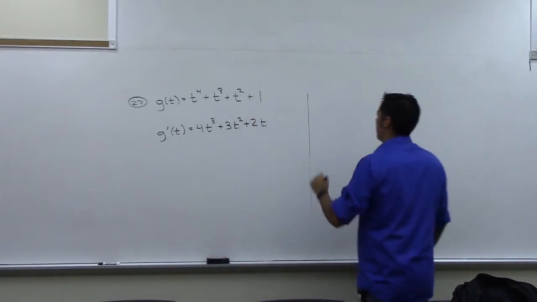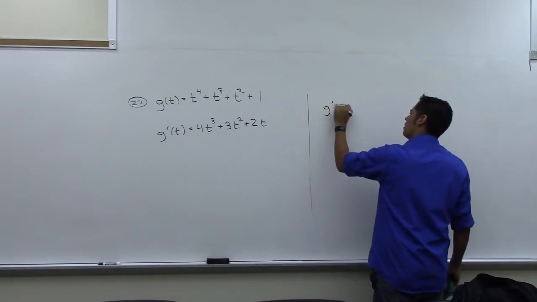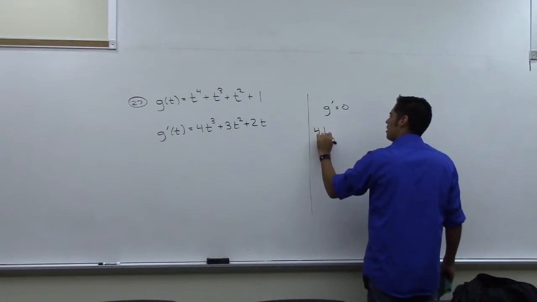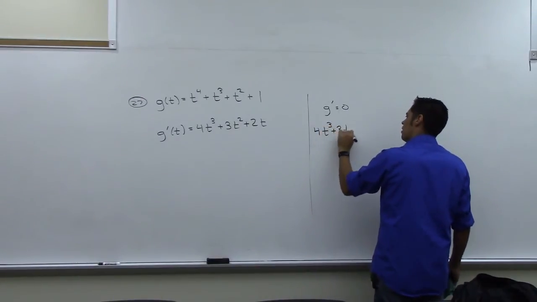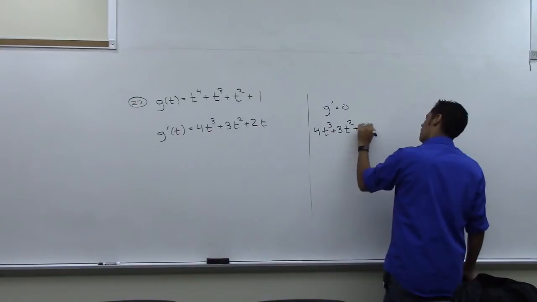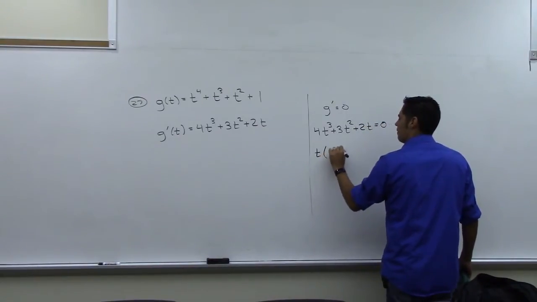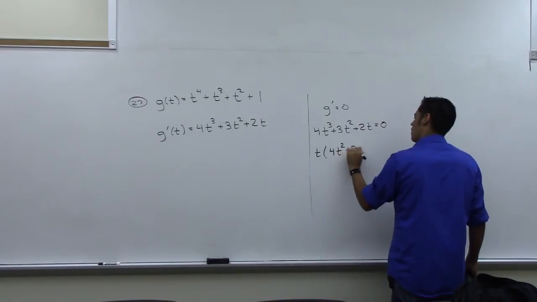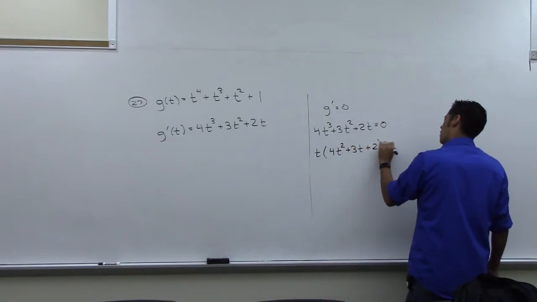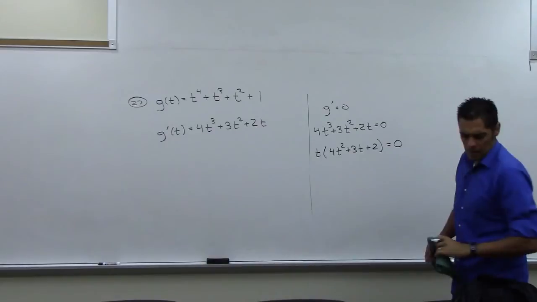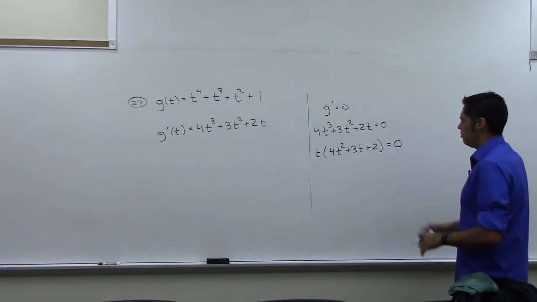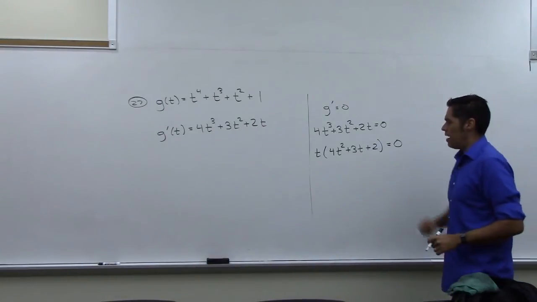And now I'm going to figure out where that derivative is equal to 0. So I set this polynomial equal to 0. I factor out a t. I notice I can do that. And now I go about trying to factor this quadratic.